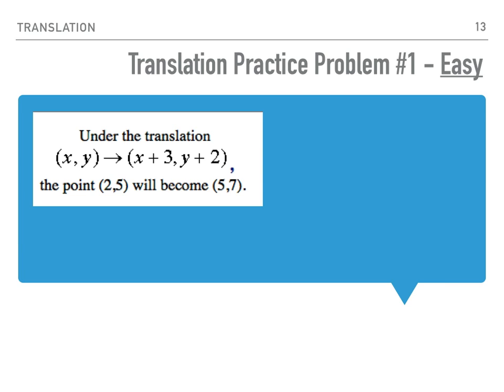So this first point, 2, 5, let's call that A, a good letter, I think. This point A, 2, 5, goes under this translation of 3 to the right and 2 up. So A prime will end up being, under this translation, 5, 7. So it's like a new point of A. It's the new version of A.